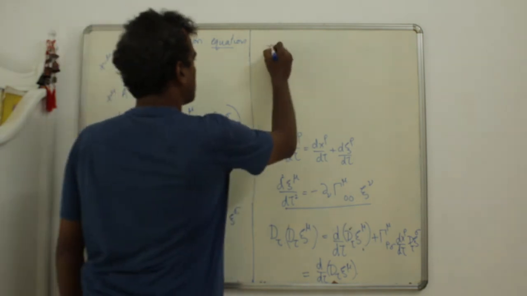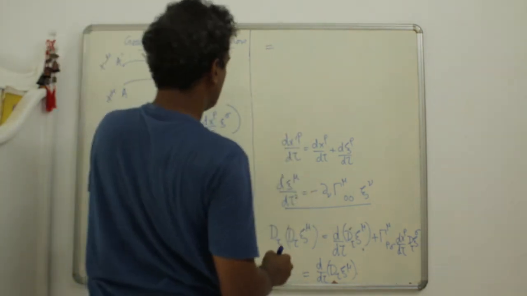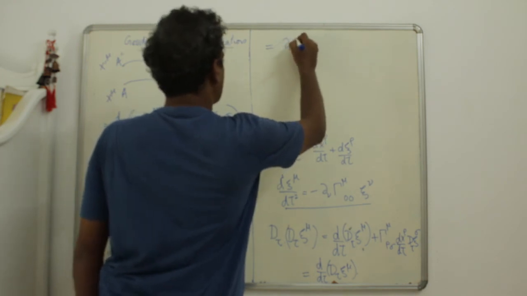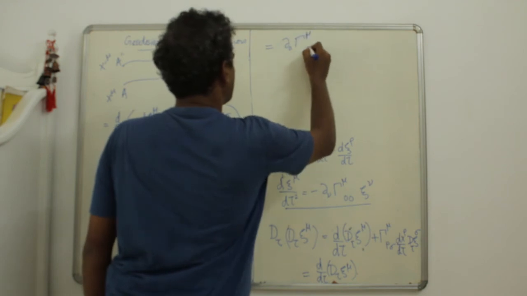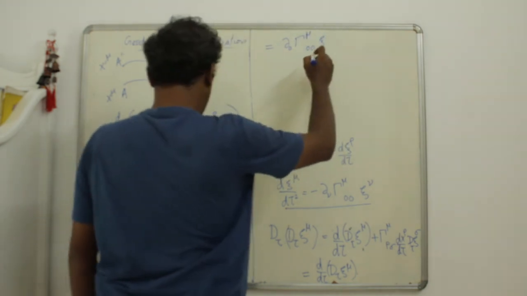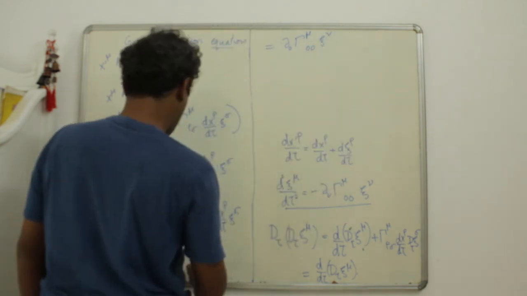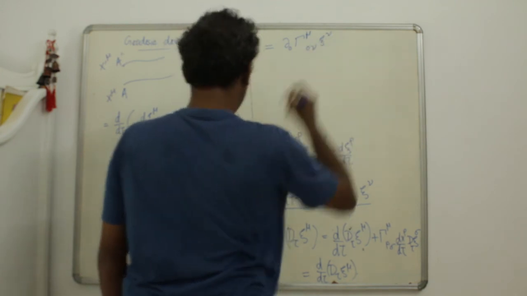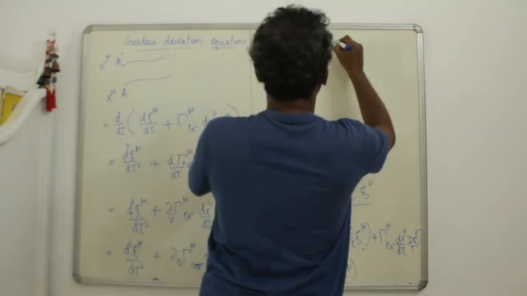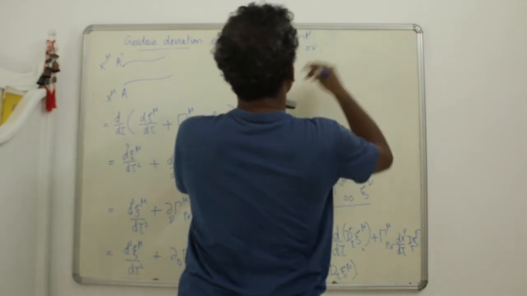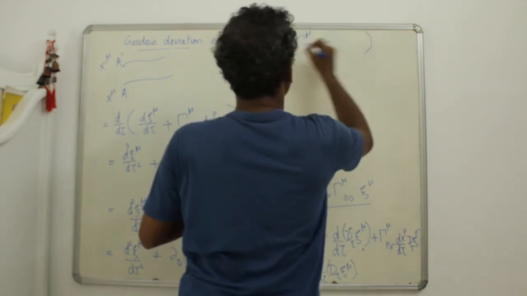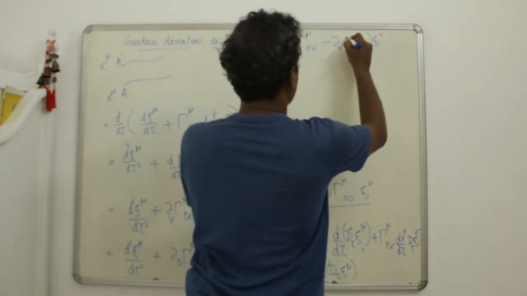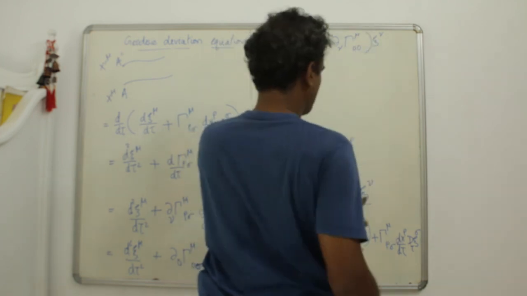Then we get del 0 gamma mu 0 0 psi, minus del nu gamma mu 0 0 times psi nu.